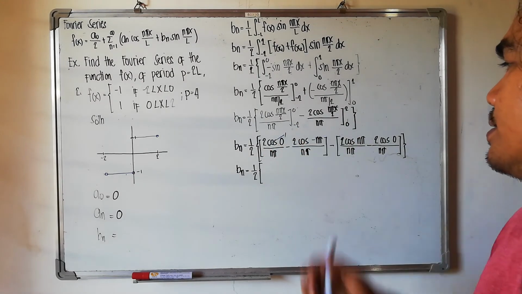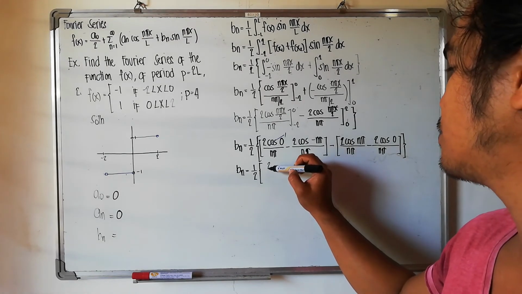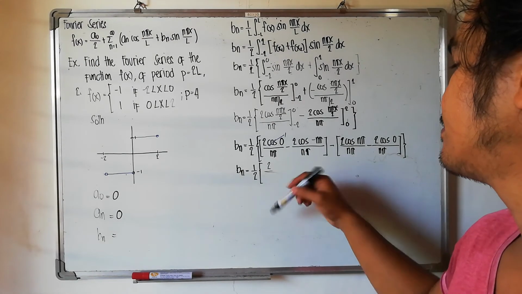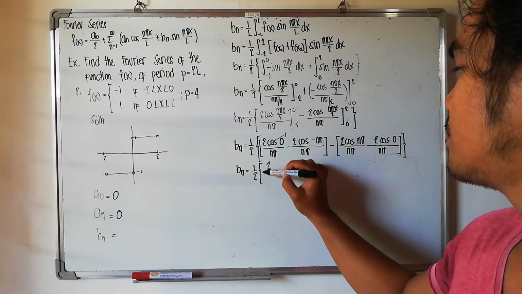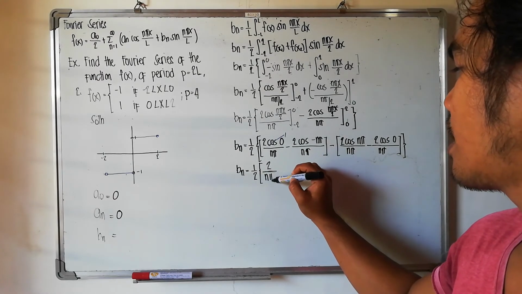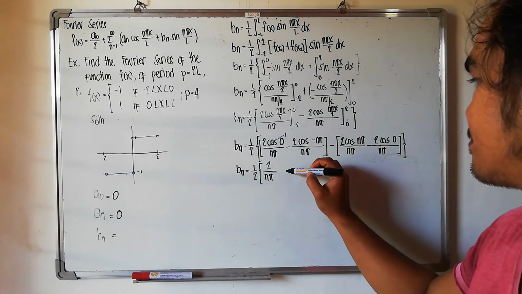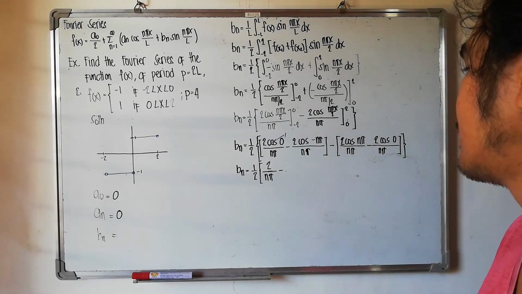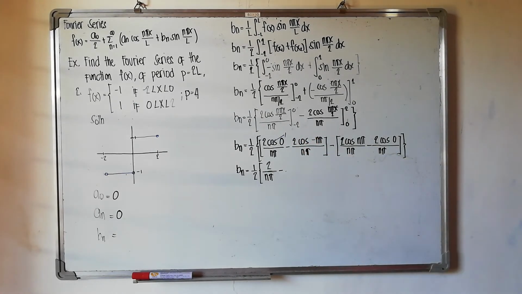So 2 times 1, so that will be 2, divided by n pi, so this would be equal to 2 over n pi, minus 2 cosine negative n pi over n pi.